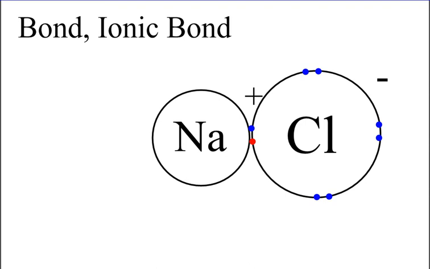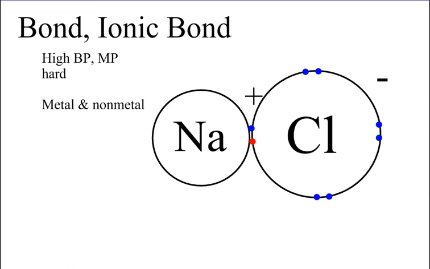This bond that forms between two oppositely charged ions is called an ionic bond. Ionic bonds have extremely high boiling points and melting points, and they're particularly hard. For example, sodium chloride or salt has a melting point of 800 degrees Celsius.